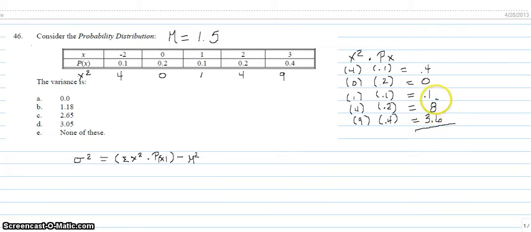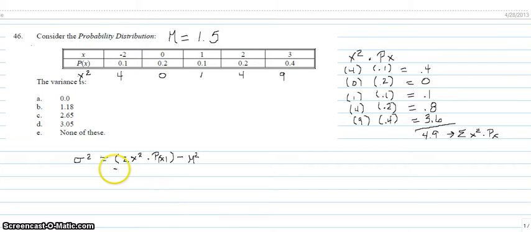If you take 0.4 plus 0 plus 0.1 plus 0.8 plus 3.6 on a calculator, you are going to get 4.9. And this is your sum of x squared times p of x. Okay, so now we have part of the problem.